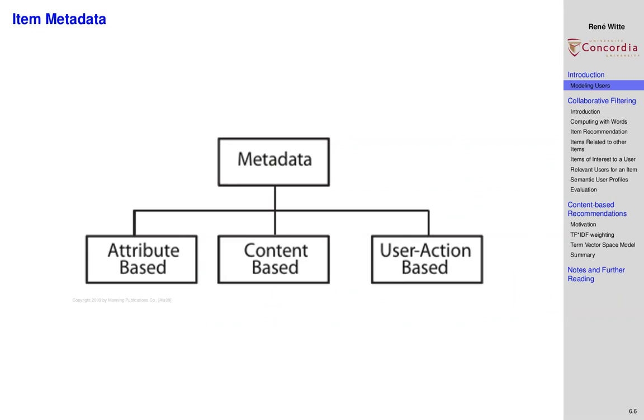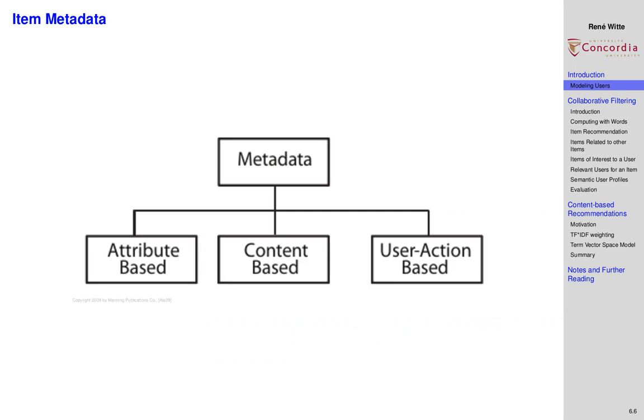So for example, the content of some text, a book, a news article, or the content of a video or a song. And user action-based are interactions between the user and the website. So whenever you say you like something, whenever you give it a rating in the form of a star rating, whenever you interact with something, now even just clicking on something to watch it, that is a user action. And you collect this as metadata for an item.